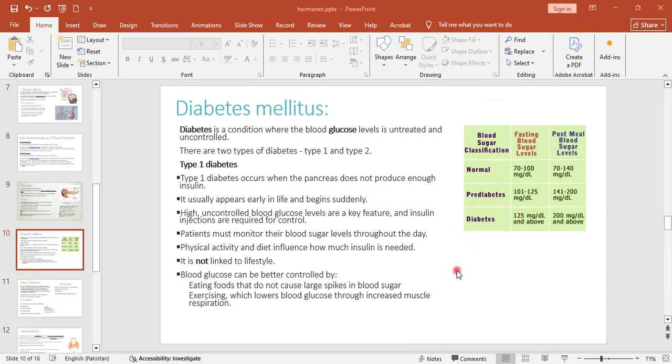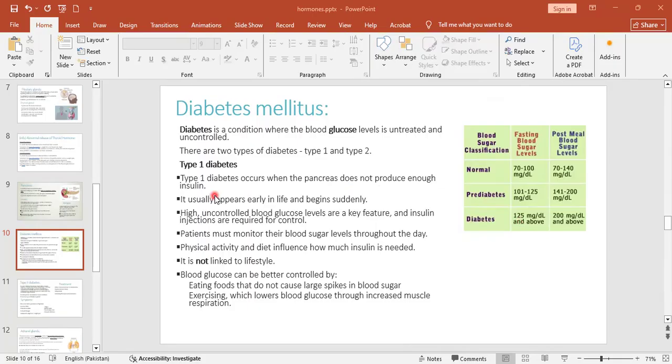In diabetes type 1, my pancreas is not making enough insulin. It means my pancreas has a problem now, and I need to focus on my diet and regulation of the glucose.